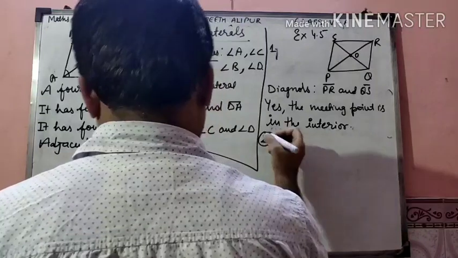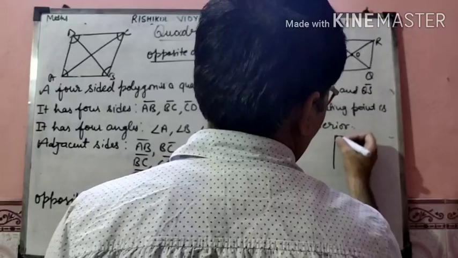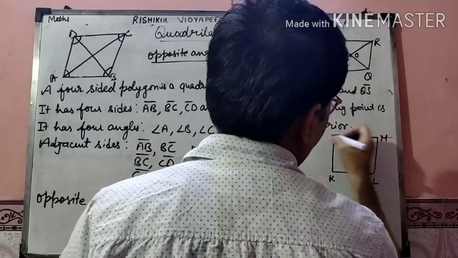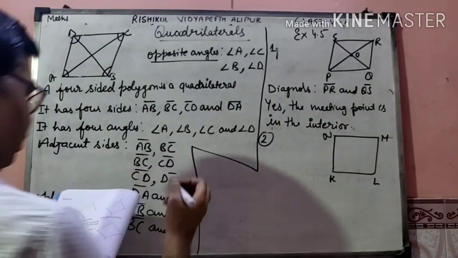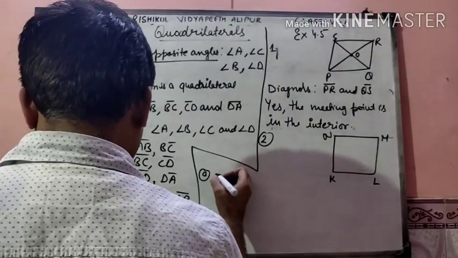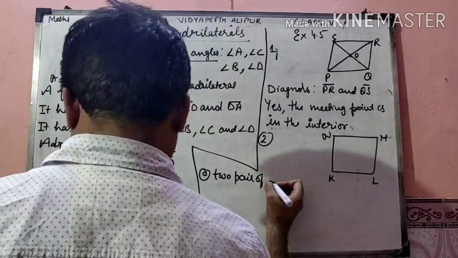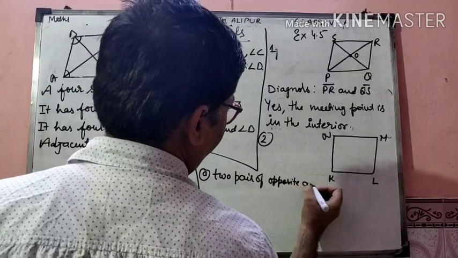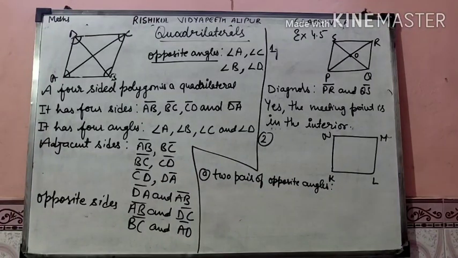Question number 2. Draw a rough sketch of a quadrilateral KLMN. What you have to write is the two pairs of opposite angles.